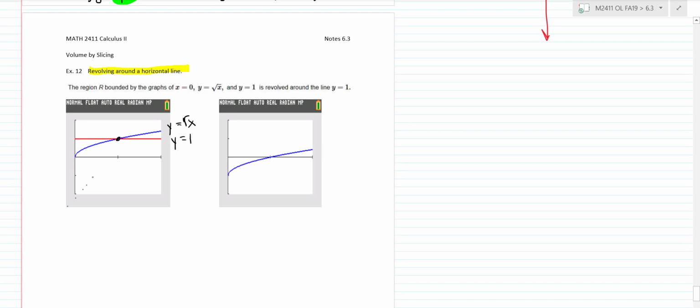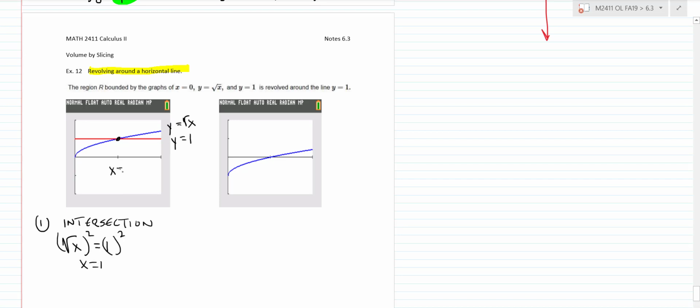So this point right here, the intersection point, you can do in your head. You don't really have to do this, but you just have square root of x equals 1, set those two curves equal to each other, square both sides, you get x equals 1.